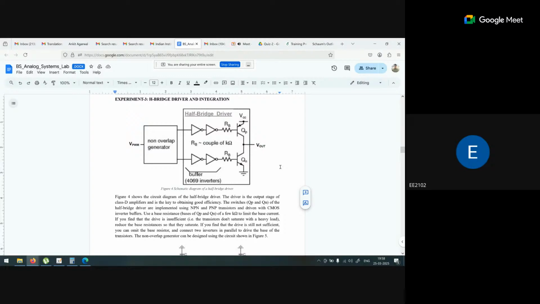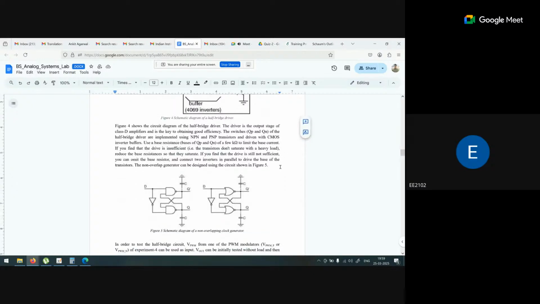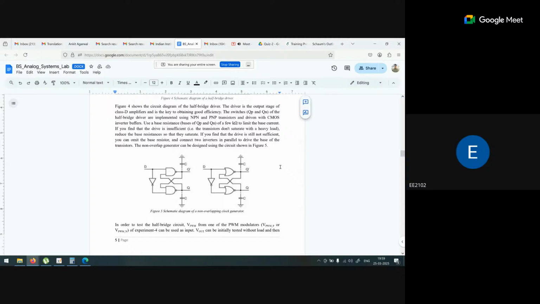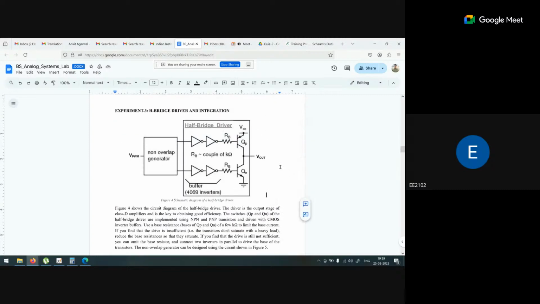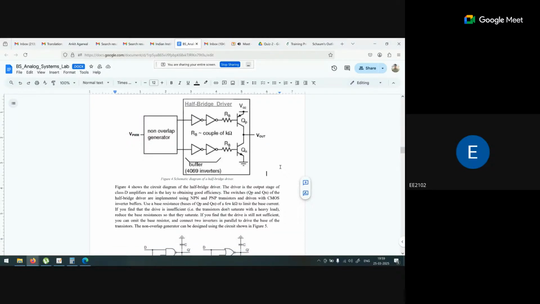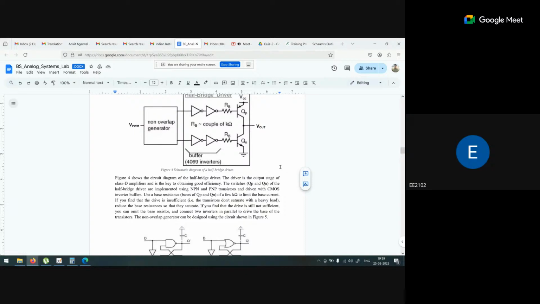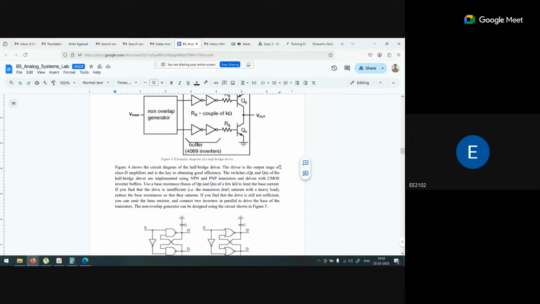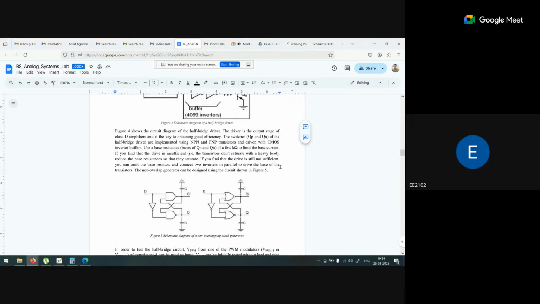Now this H-bridge is nothing but a combination of, I think you have studied about the astable, the differential amplifier.